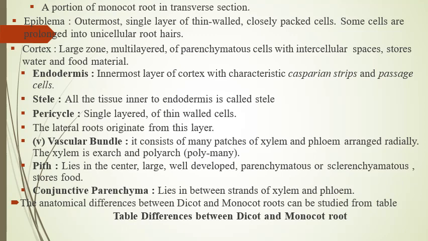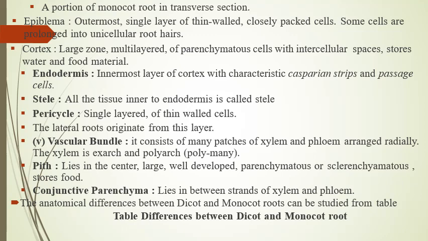Some cells are prolonged into unicellular root hairs. Cortex is a large multilayered zone of parenchymatous cells with intercellular spaces, storing water and food material. Endodermis is the innermost layer of cortex with characteristic Casparian strips and passage cells.